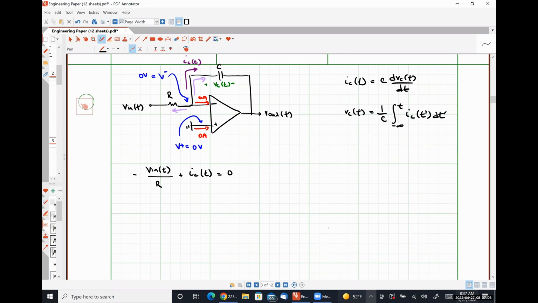So I can say that Vn of t over R is equal to IC of t, right?